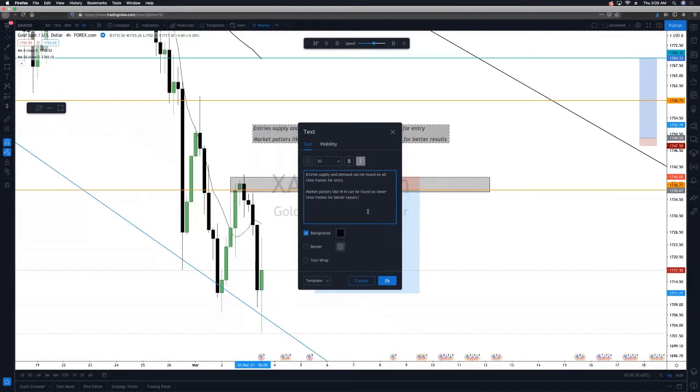All right. So for better results, after you have those better results, just start working with those time frames to understand how to actually trade. To take these good entries, you have to be able to see the market clearly.